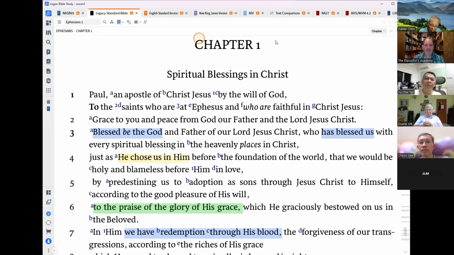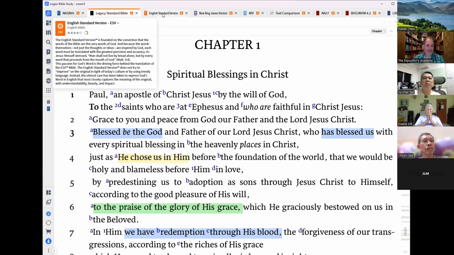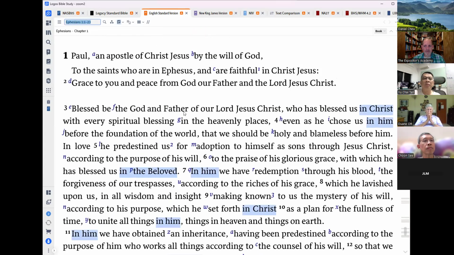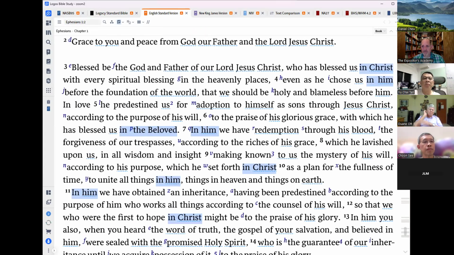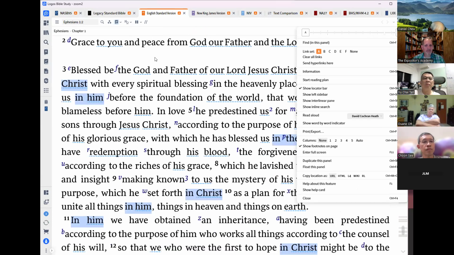So if I go back to Ephesians 1, and here I've got showing you the Legacy Standard translation. So let me start with the ESV here. You can see this. Try to increase the size.